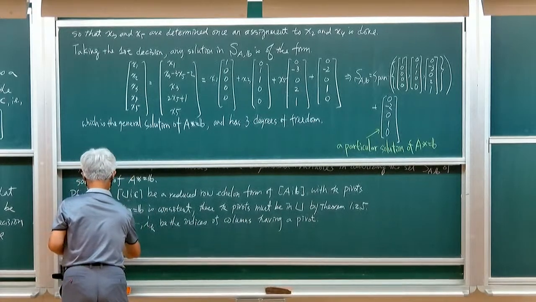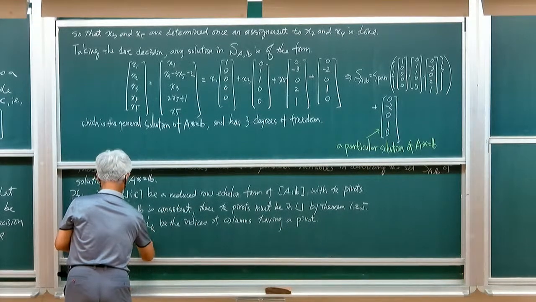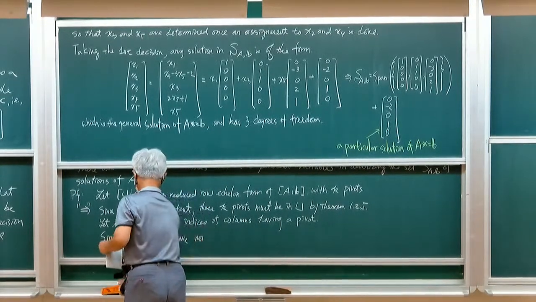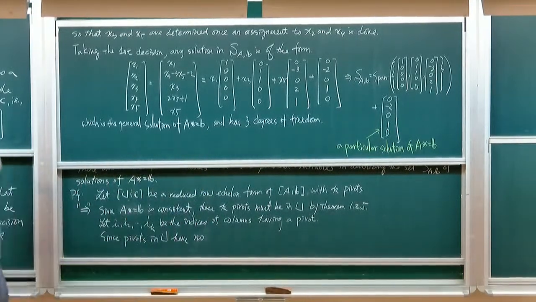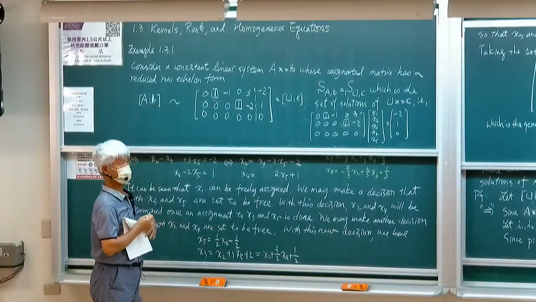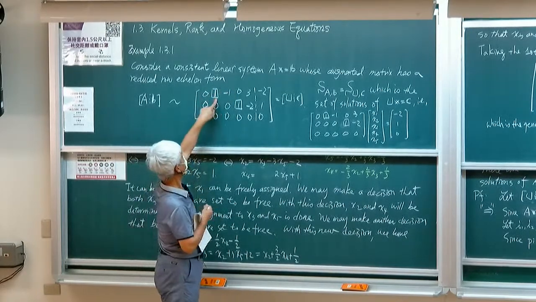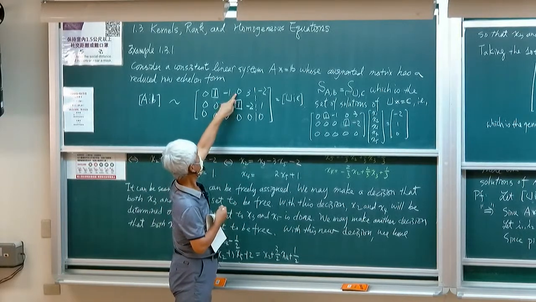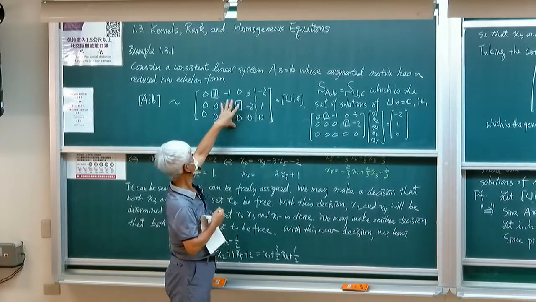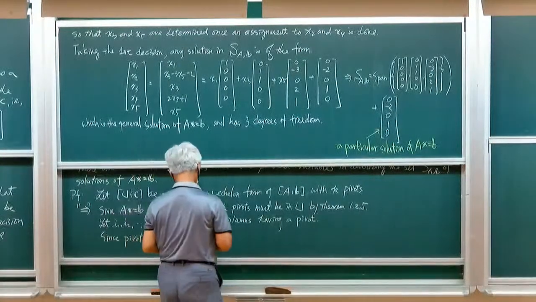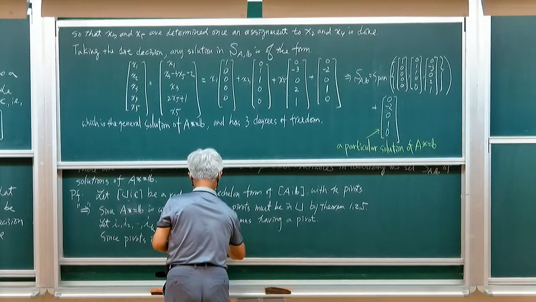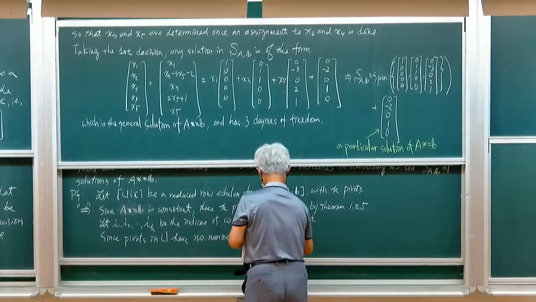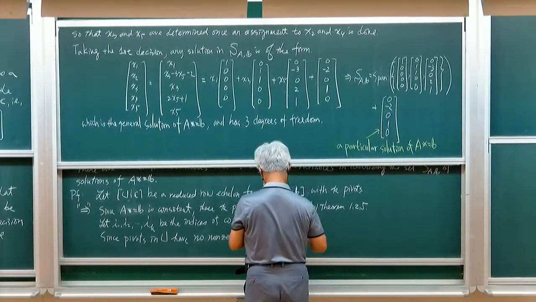All right, now since pivots in U have no non-zero entries above or below them, because for this one, all the entries below this pivot should be 0, and for this pivot, all entries above or below should be 0. Okay, they should be 0. So pivots in U have no non-zero entries above or below them.